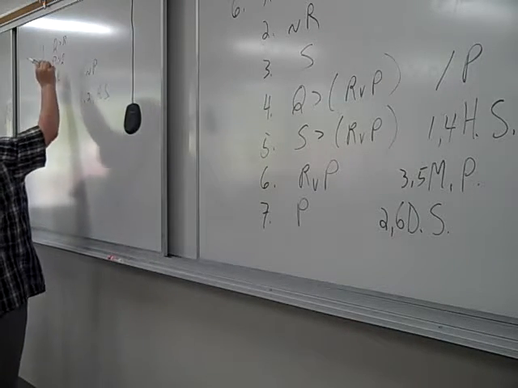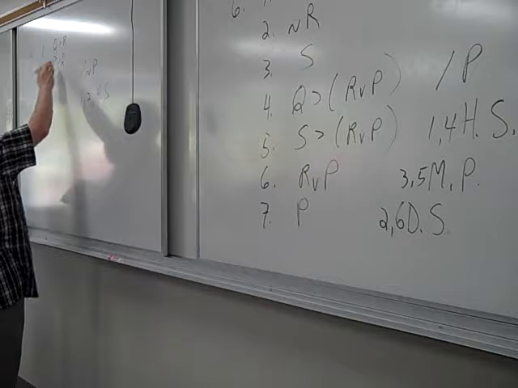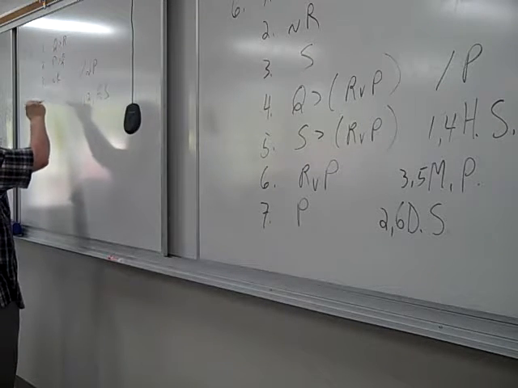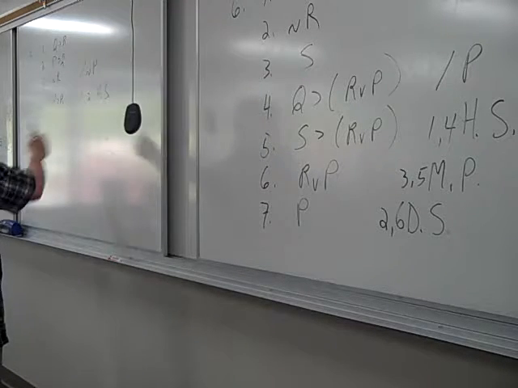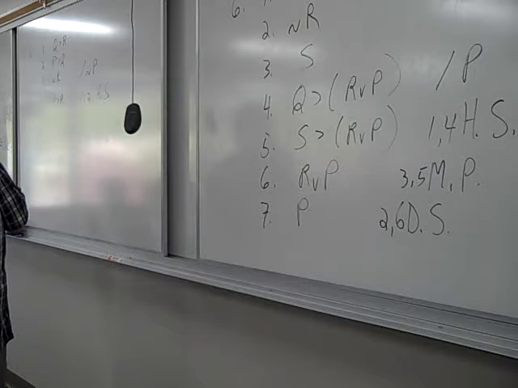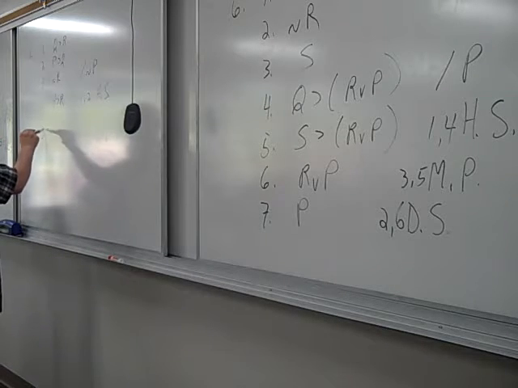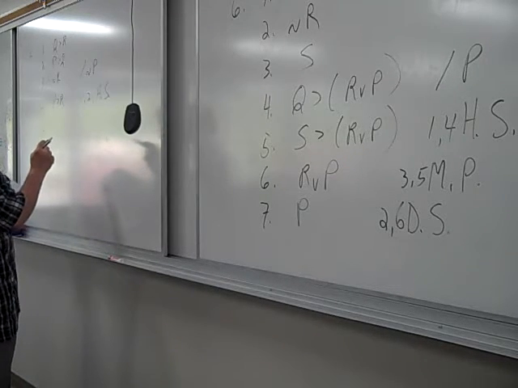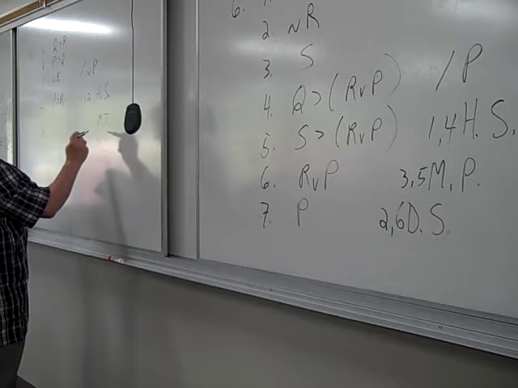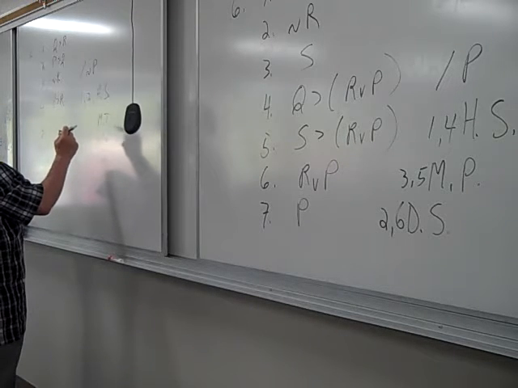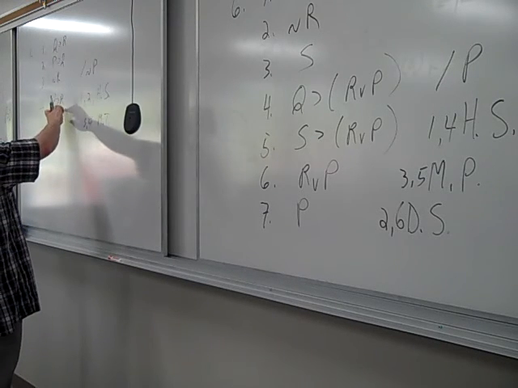So 1 and 2 hypothetical syllogism, if P then Q, if Q then R. So I would have if P then R. That's what I would get with hypothetical syllogism, right? And the next step, they tell us we should get using modus tollens, right? And it should come from 3 and 4. Using modus tollens. So 3 and 4, modus tollens.